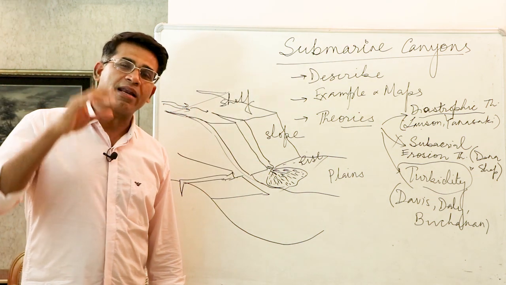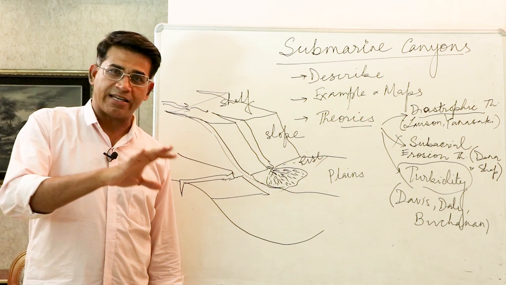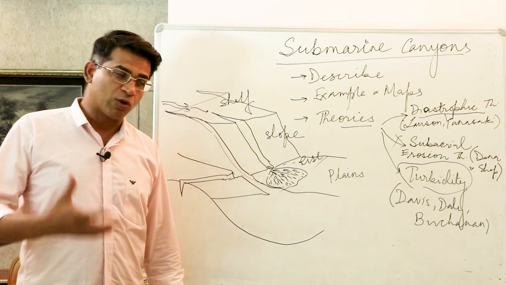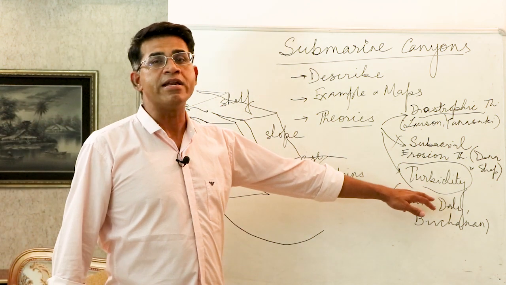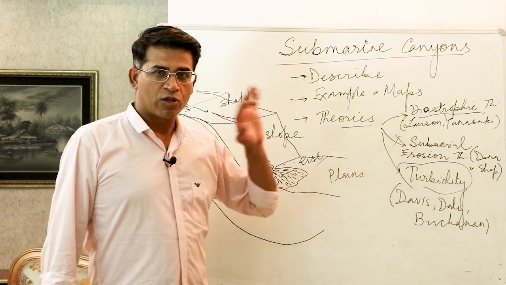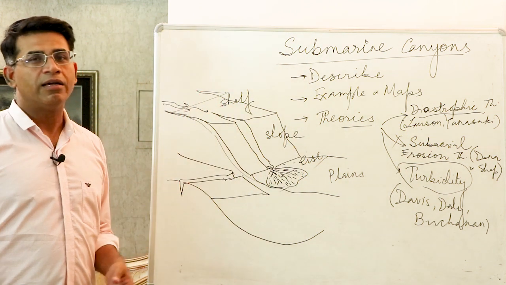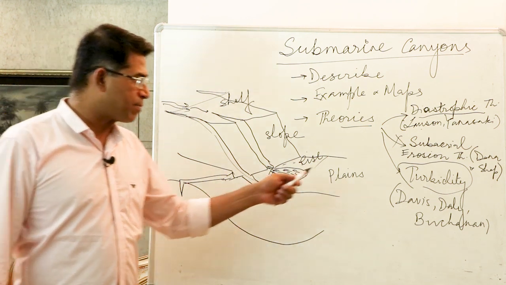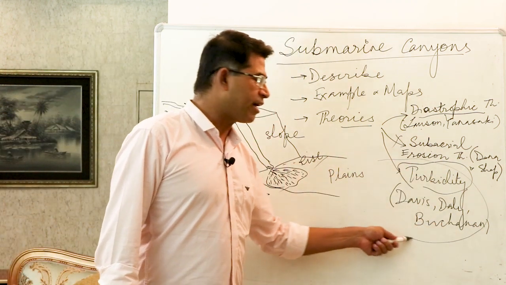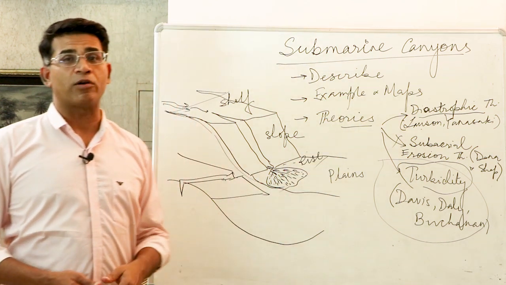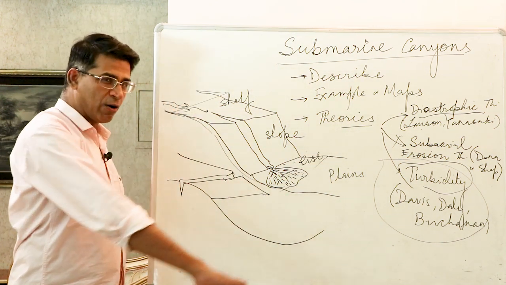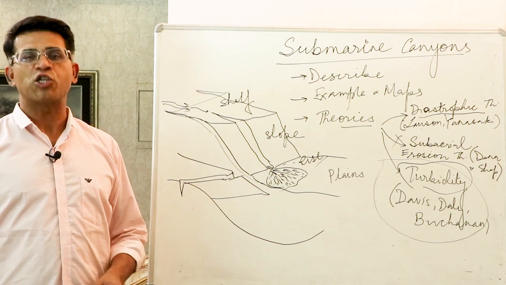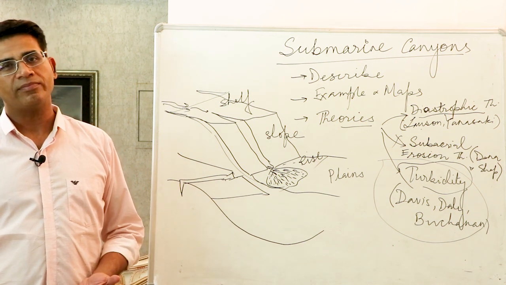So you compare a mud flow with a landslide. This is something like a landslide. And we call those turbidity currents. So modern theories, the more modern interpretations, accept this turbidity current as the most likely process that must have scooped out the deep depression along the shelves and the slopes.